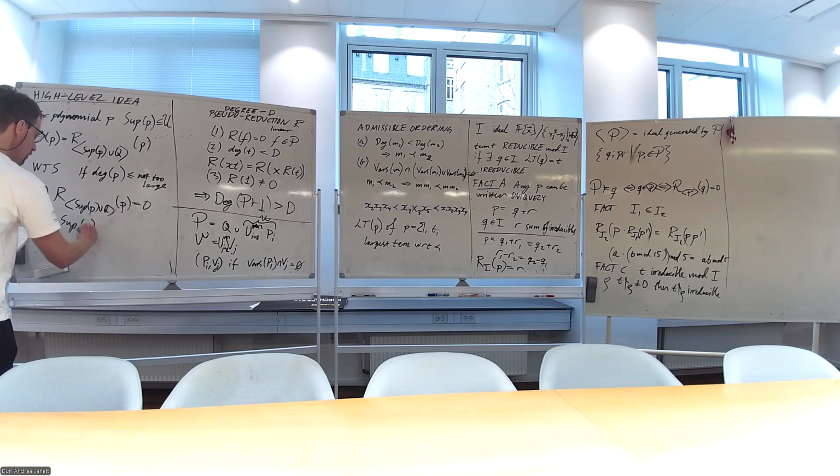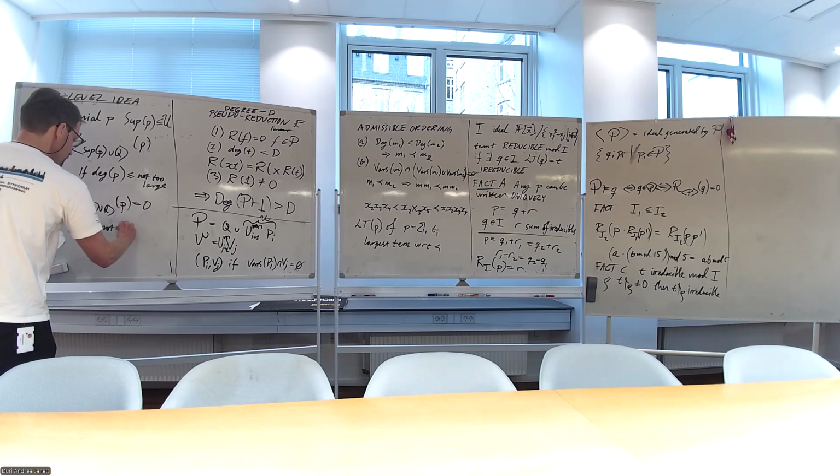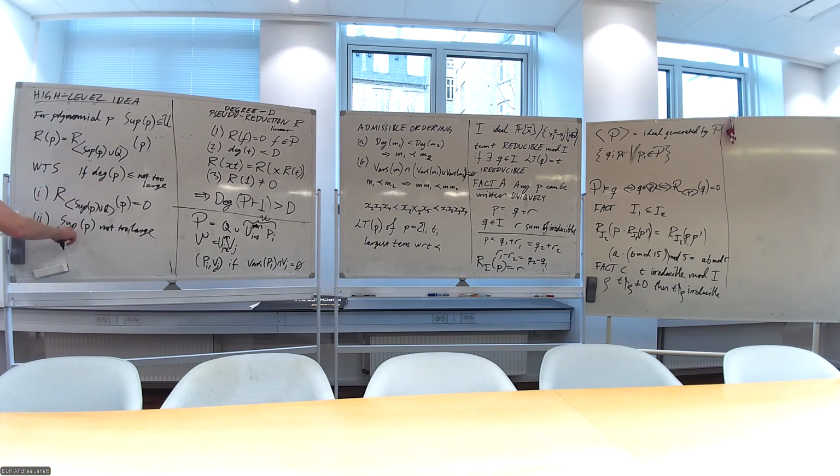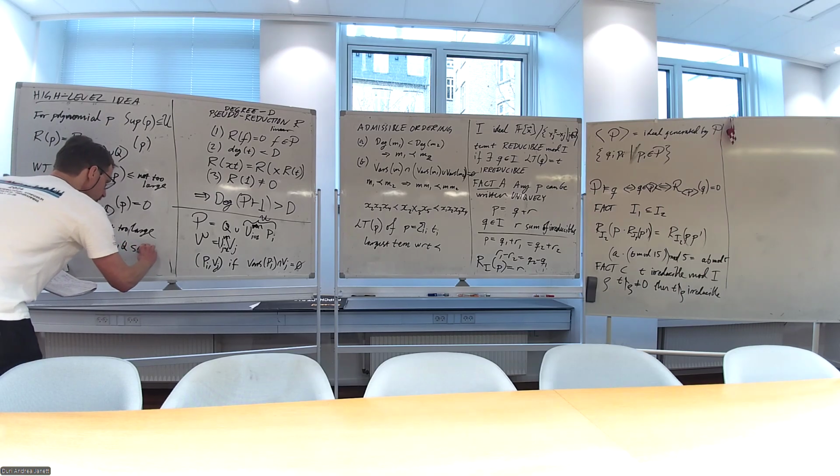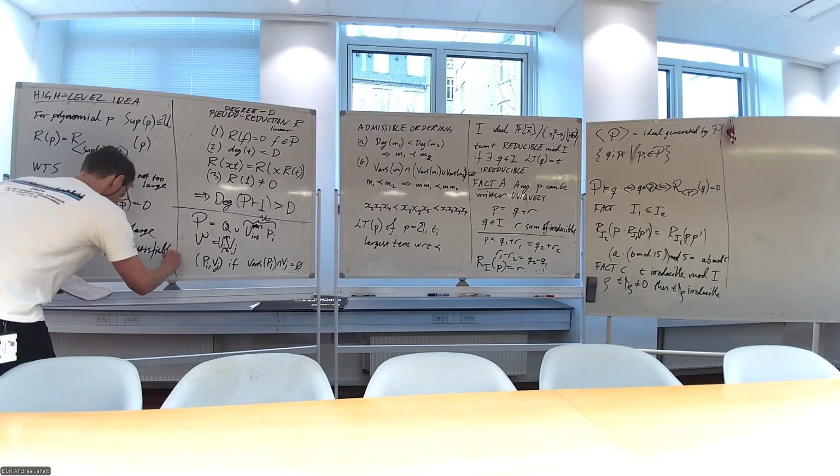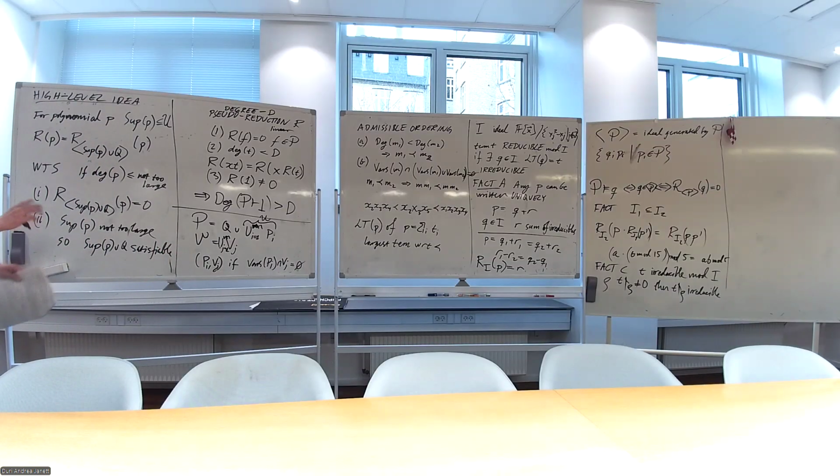But the support is not too large either. So since the degree was not too large, the support is not too large. So, in fact, the support of P union Q is satisfiable. And if we can somehow pull this off, then we will be done, because any polynomial that is derivable in small degree is implied by this set of polynomials, which is a small enough set to be satisfiable, so P can't be a contradiction.